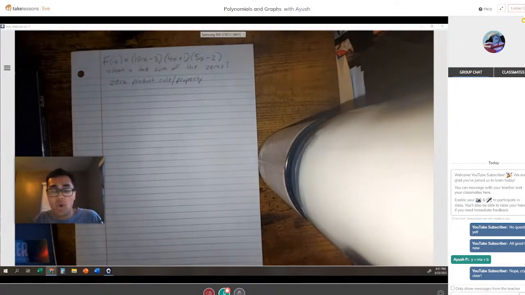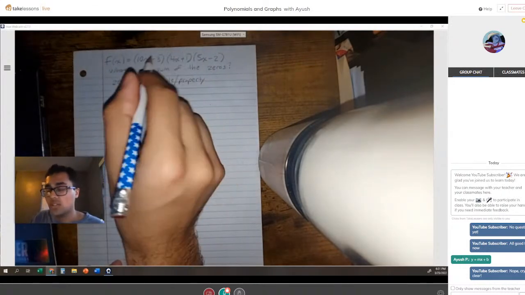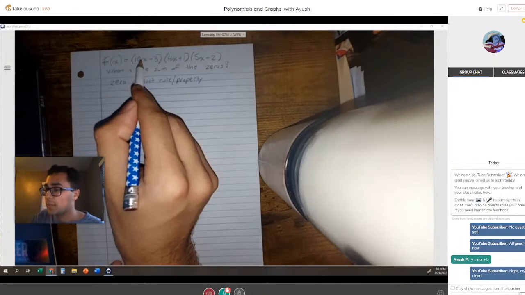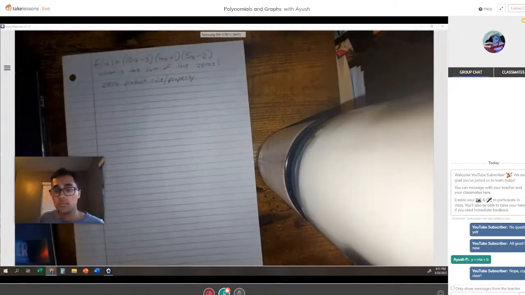In order for the product to be zero, any or all of them. So you can imagine this one could be 0, and this could be 3, and this could be 2, right? But if you take the product of all of those things, that's still 0. So that's what it means.